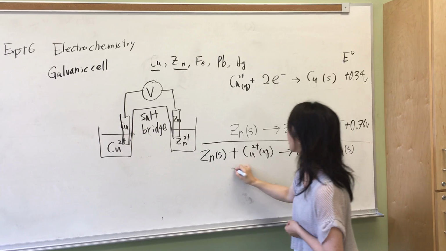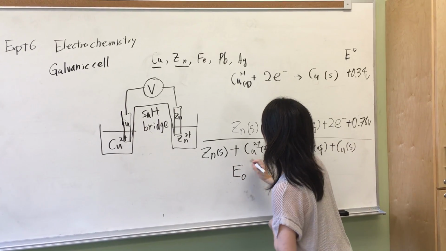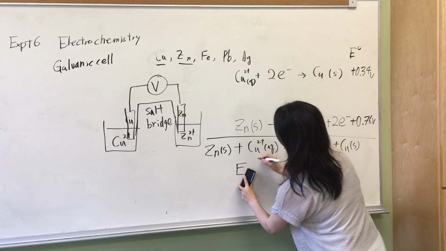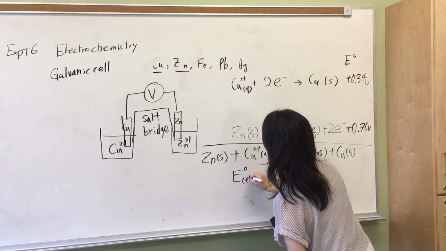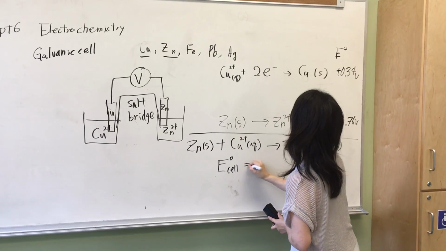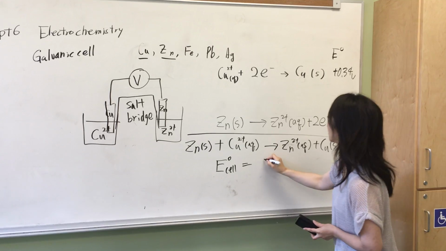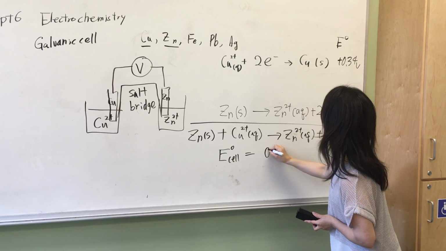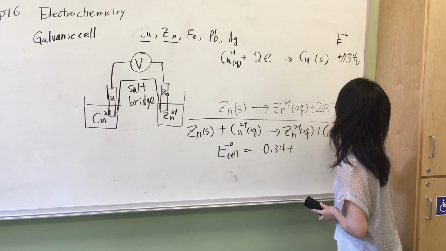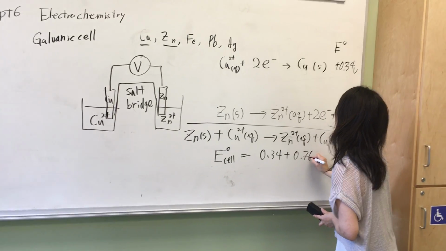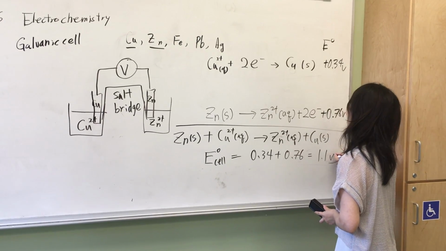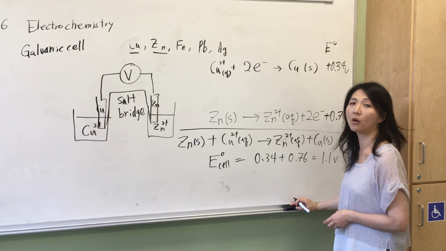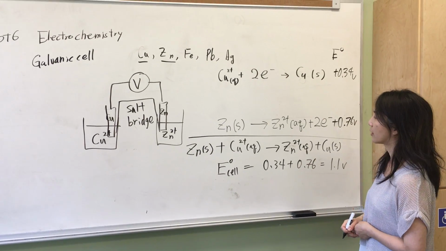And the standard cell potential for the whole cell is gonna be adding them together. So the copper is 0.34 plus 0.76. It's gonna be 1.1 volts. Okay, that's how you calculate the E naught.